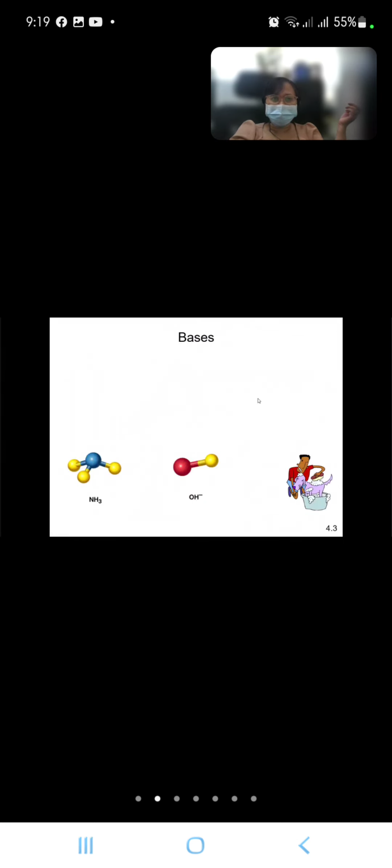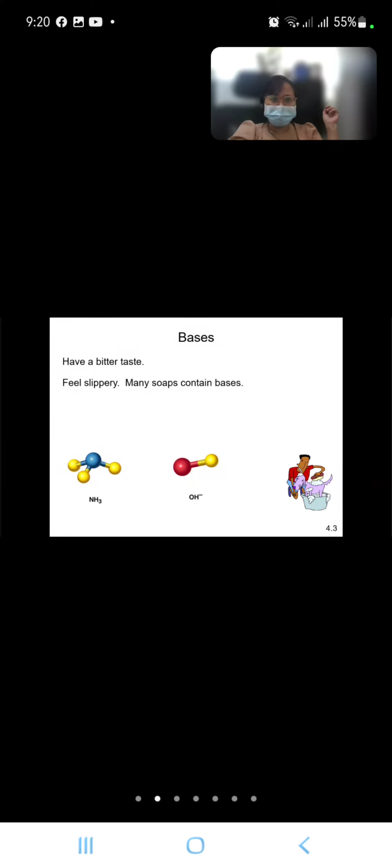Okay, so for basic substances, they have a bitter taste, no? Like our soap, when we taste soap, it has a bitter taste, no? It's because of the presence of a strong base, which is the sodium hydroxide, NaOH. Okay, it feels slippery, the soap is slippery, no? Because of the base.